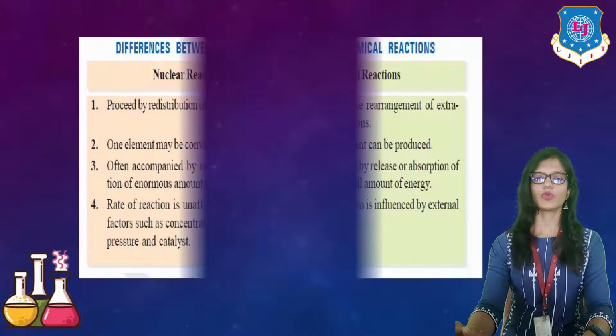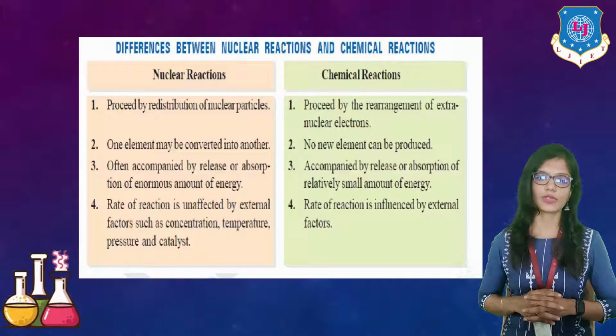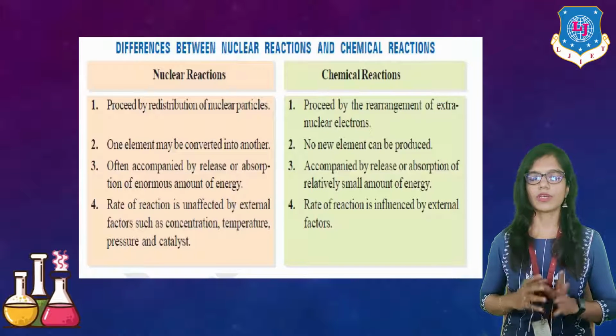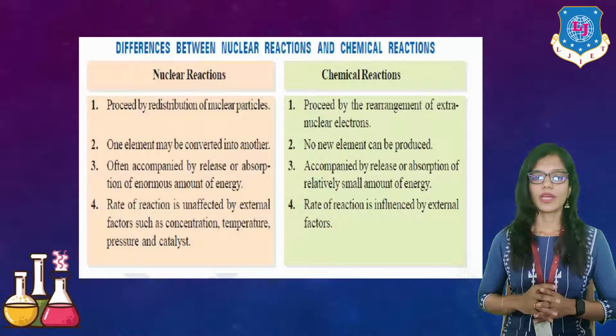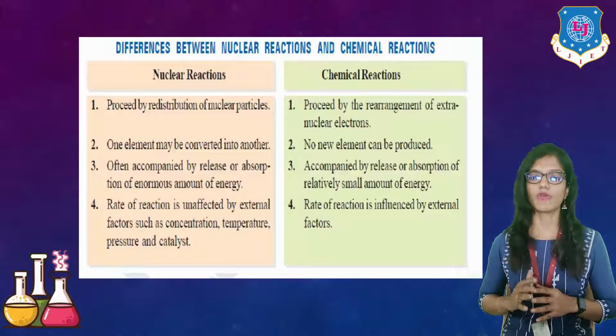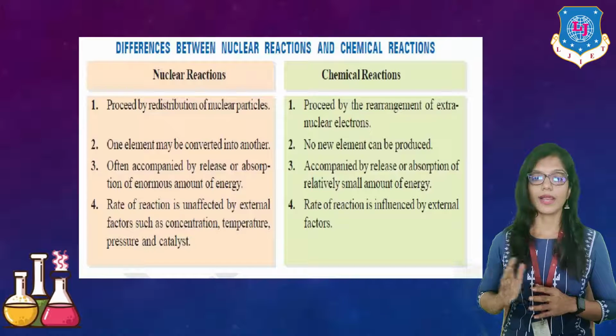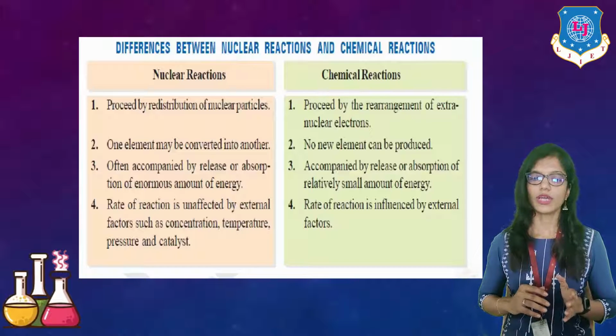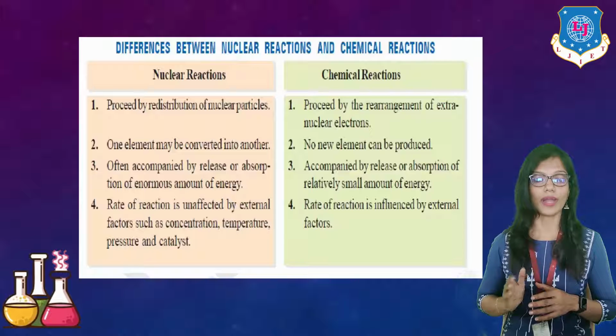Now let's see what the difference is between nuclear reactions and chemical reactions. So nuclear reactions proceed by redistribution of nuclear particles, while chemical reactions proceed by the rearrangement of extranuclear electrons. In nuclear reactions, one element may be converted into another, while in chemical reactions, no new element can be produced.